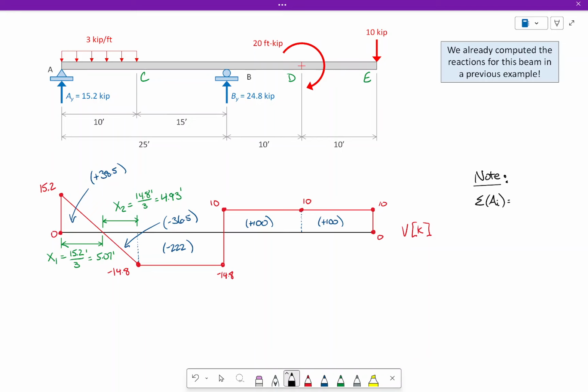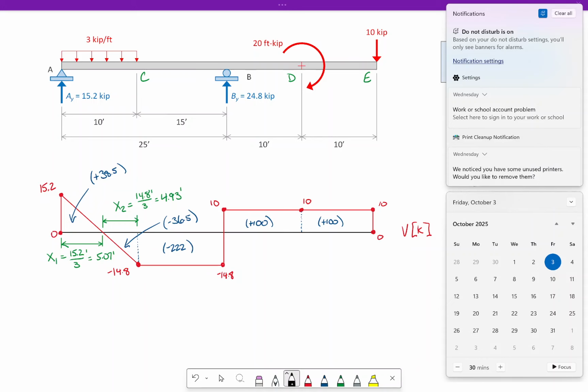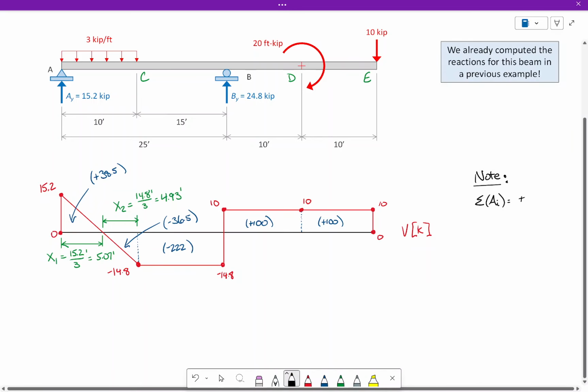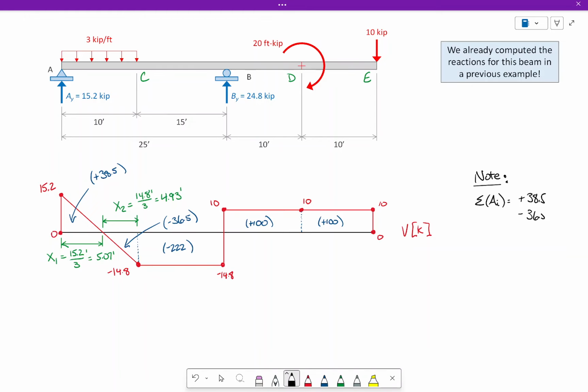So we have 38.5 minus 36.5 minus 222 plus 100 plus 100. So what is that sum?